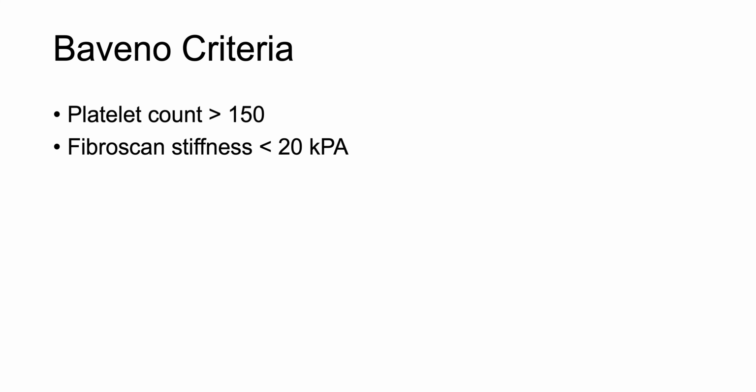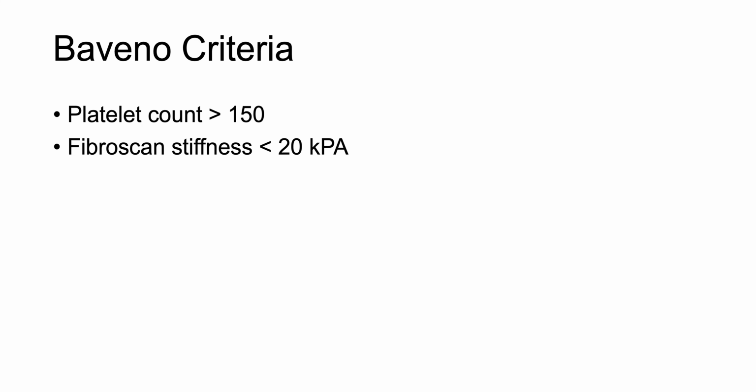So if the platelet count is more than 150 and you get a FibroScan done, which is a tool that measures liver stiffness, and that score is not that high, you have safety in knowing that this patient doesn't need to go to endoscopy quite yet for variceal surveillance. So it spares the amount of patients you refer for endoscopy.